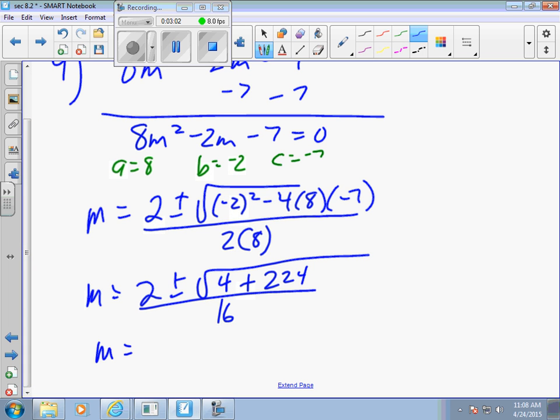And simplifying, I get 2 plus or minus the square root of 228 over 16.